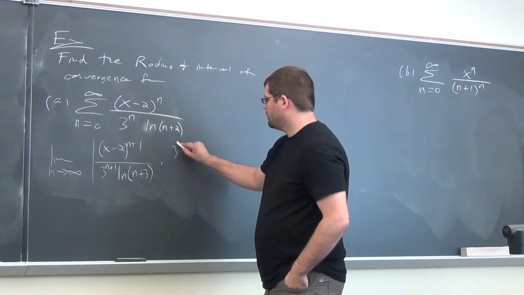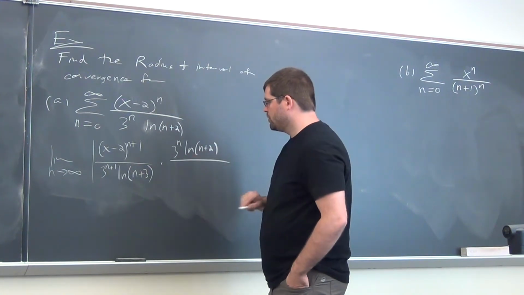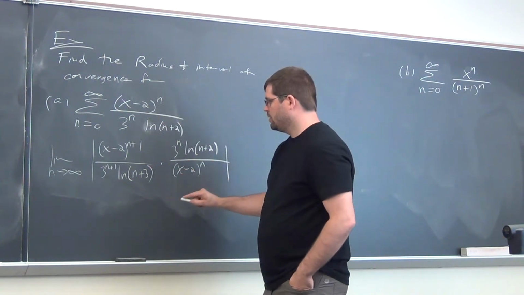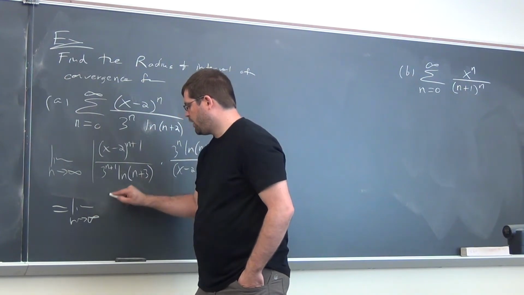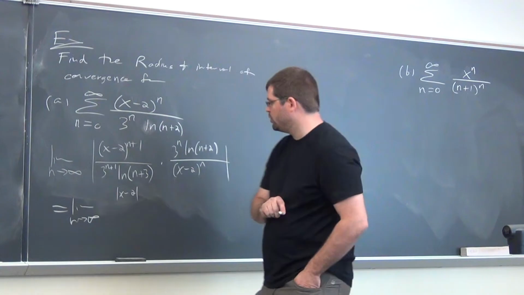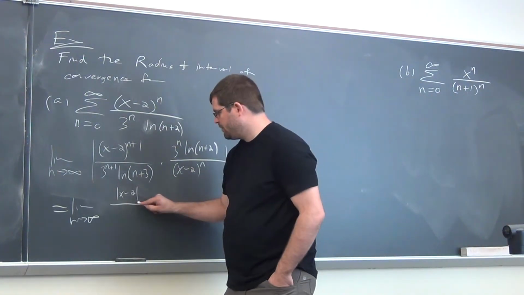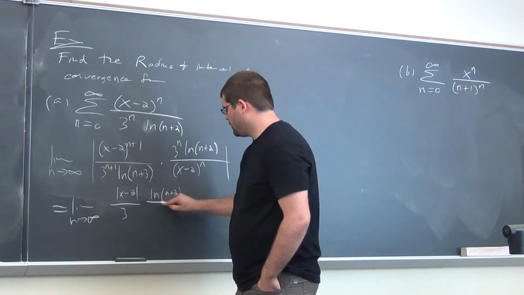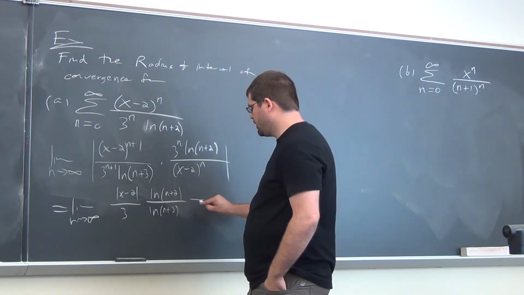And then times 3 to the n log of n plus 2 over x minus 2 to the n. All right, so when I cancel stuff off, I end up with an absolute x minus 2. What else do I get? Over 3, and then log of n plus 2 over log of n plus 3.